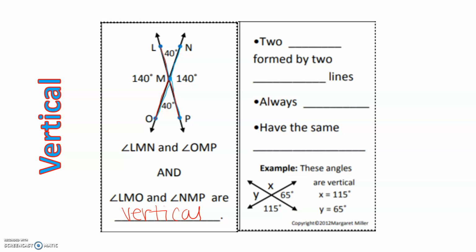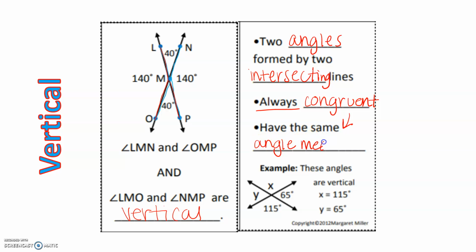And what that means is two angles formed by two intersecting lines. They are always congruent, which means they have the same angle measure. So let's kind of backtrack a second.